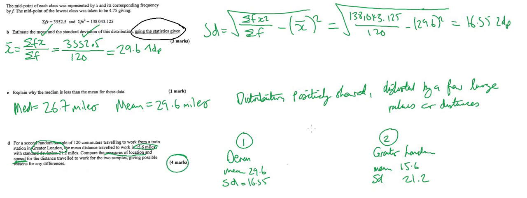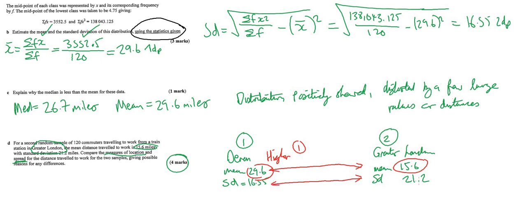So first mark, let's compare the means. The mean for Devon is higher. Include the figures, because that's the whole point of statistics. We've got numbers, not opinion. That's going to get us a mark. Okay, let's compare the distribution.